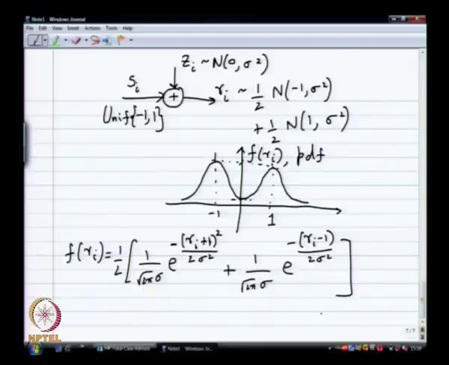So this will be the actual full expression for f of Ri. The question I asked about that height was basically plugging in Ri equals plus 1 or minus 1.